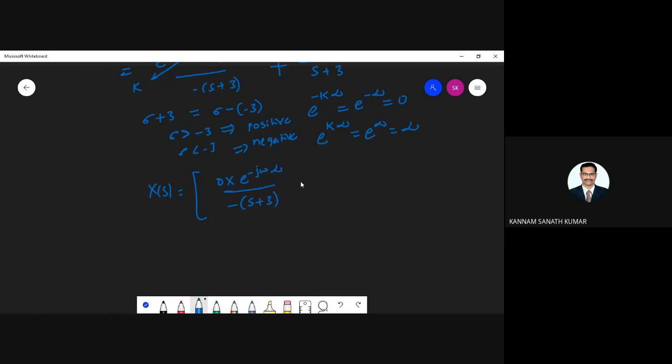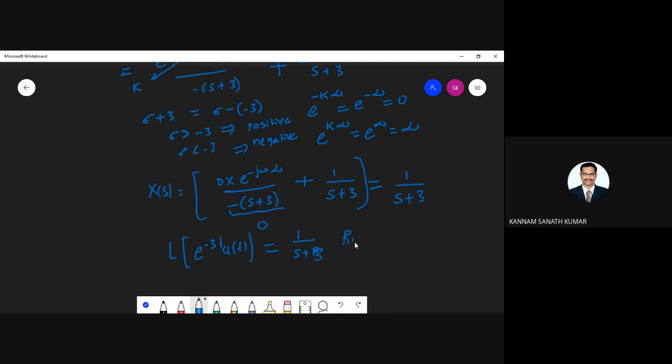So this becomes 0 plus 1 by s plus 3. So this total term becomes 0. So what you are getting? 1 by s plus 3. So that means Laplace transform of e power minus 3t into u of t equals 1 by s plus 3.